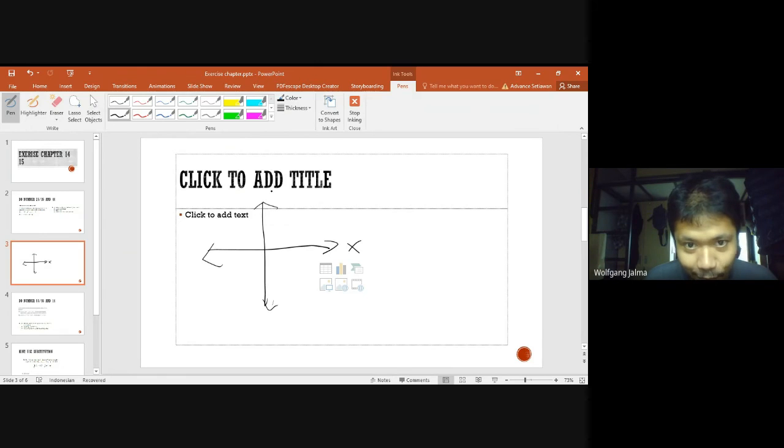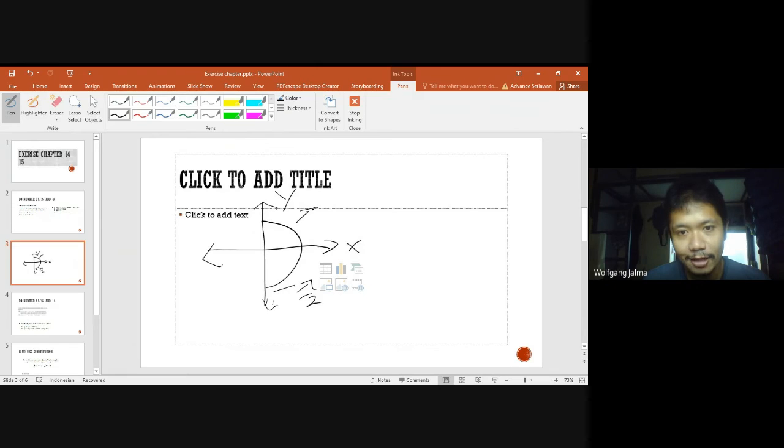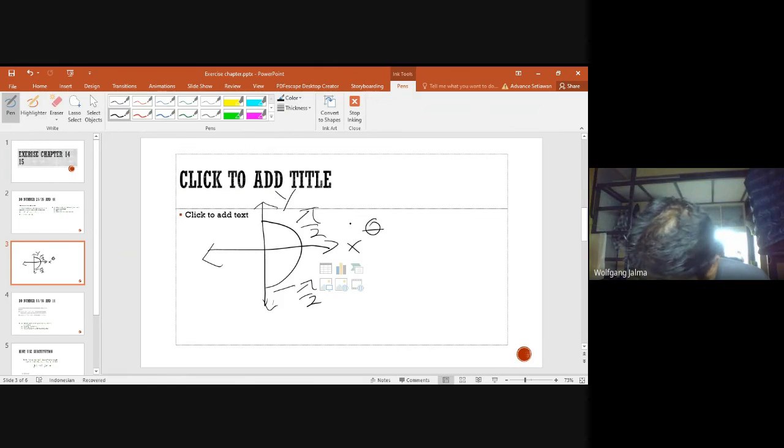We have x and y, right? And we only want when x is positive. Okay? Yeah. So here you can see that it is from minus pi over 2 to pi over 2. So theta is from minus pi over 2 to pi over 2.